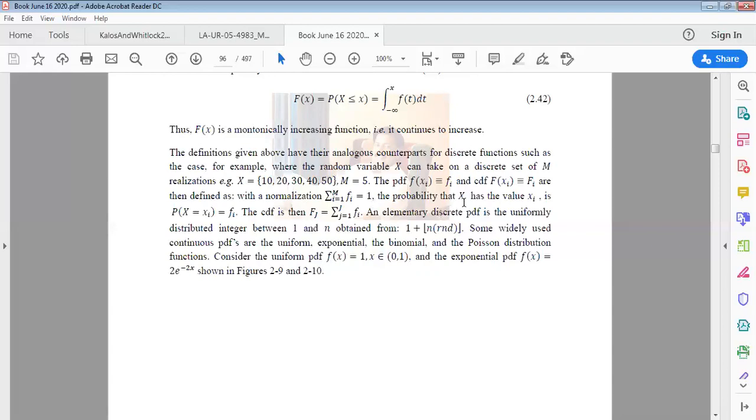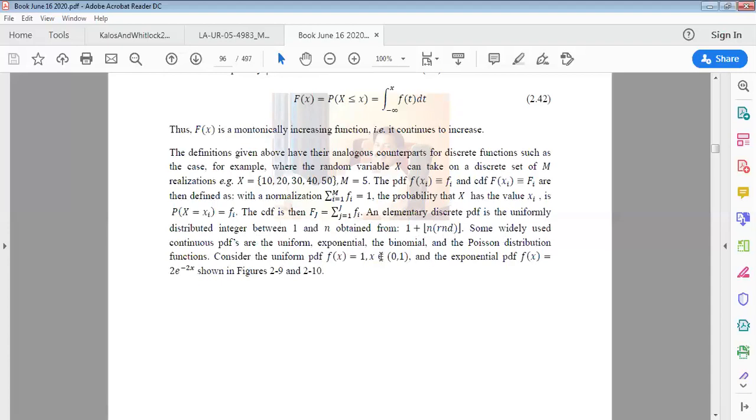So it's a probability that x has the value xi, and so the p is f evaluated at i, and the CDF is the sum of all the fi's starting from the lowest value to some upper value of interest. An elementary discrete PDF is the uniformly distributed integer between 1 and n, obtained from 1 plus the floor function of n rand.